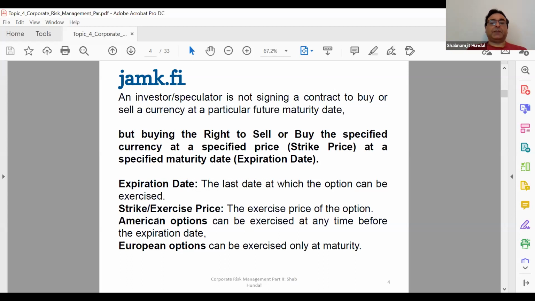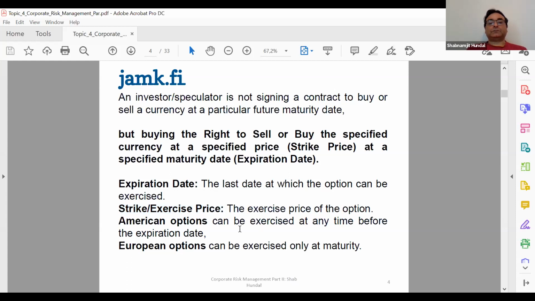The strike price or the exercise price is the contract price which we agree. Like in this example, when I go to the bank, if it is an OTC contract, or the contract I sign with the broker, if it is a market contract, that 1 Australian dollar would be equal to 0.90 euro. This is called the strike price, or the exercise price, or the contract price.